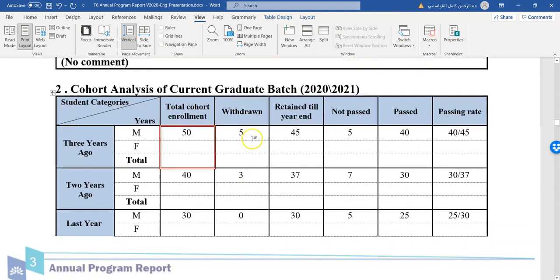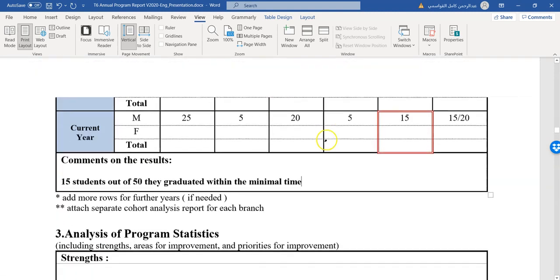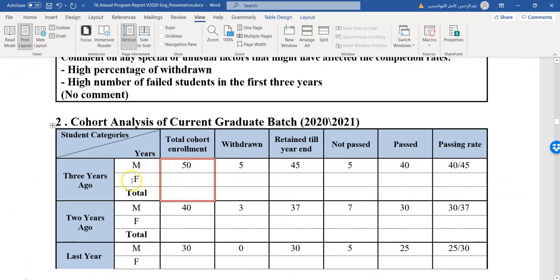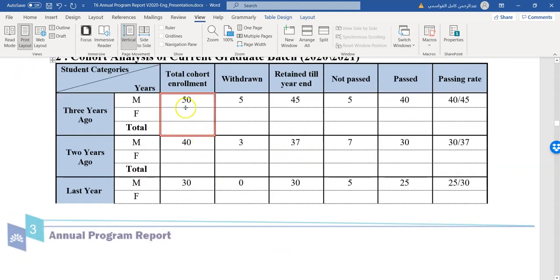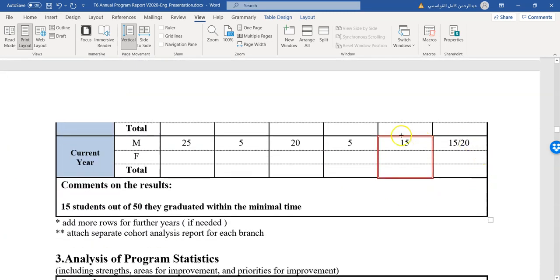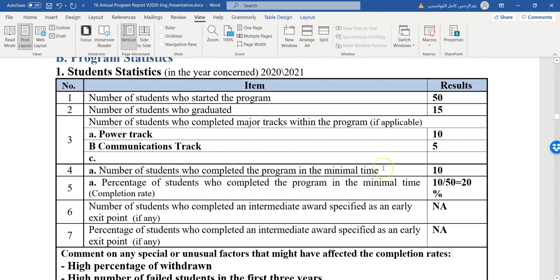If you have 5-year program you want to consider preparatory year, you have to add 4 years ago and complete this section. As you see, it is not about every year, it is about to follow your batch that should be graduated now. This 15 with minimal you have to consider here.